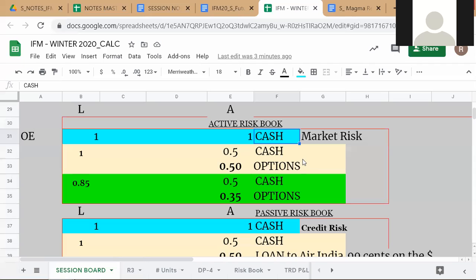So what you see in the case of the active risk book is also the connection to the definition of our speculators. We said speculators are those people for whom the first transaction will always increase the total risk. See, in the case of speculators, they don't really have hedges running most of the time. So they have only the original position, the underlying position.